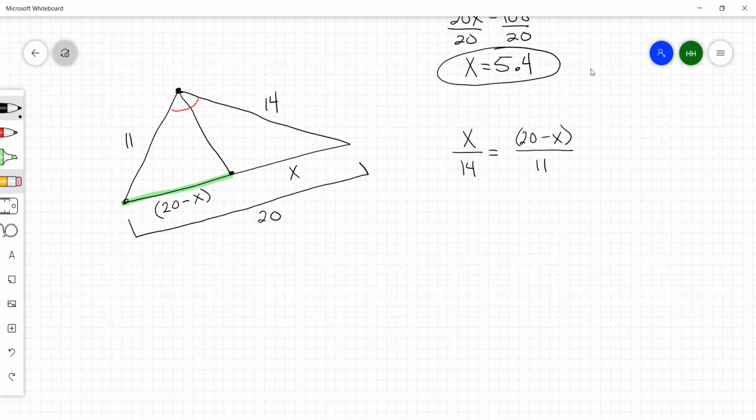All right, so we're going to crisscross multiply. 11 times x is 11x. And then we got 14 times 20 minus x. So 11x equals 14 times 20, which is 280, minus 14x. So add 14x to each side.